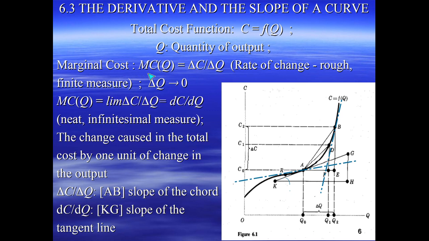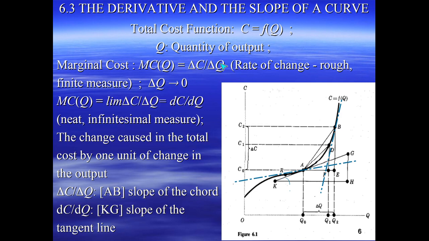Marginal cost, perhaps you have heard about it. Marginal cost is denoted by MC of Q, which is the marginal cost in terms of the quantity. It is equal to delta C over delta Q, which means the rate of change of the total cost with respect to quantity produced or quantity sold.